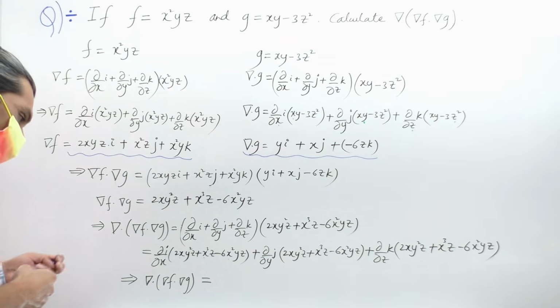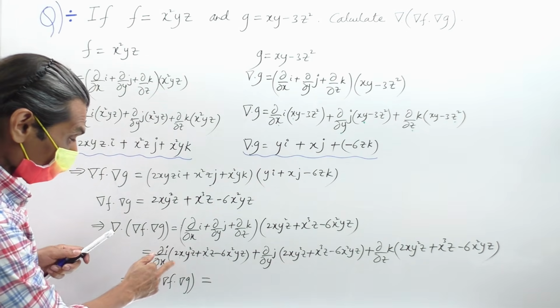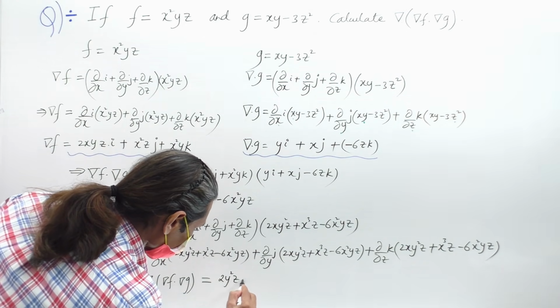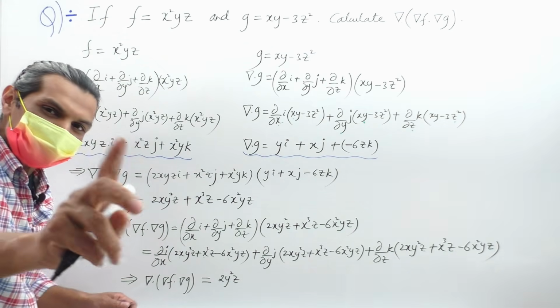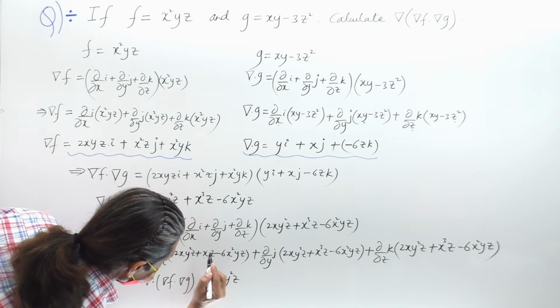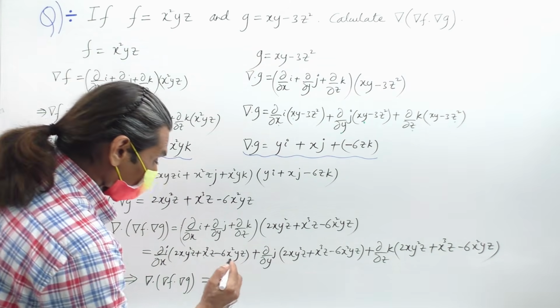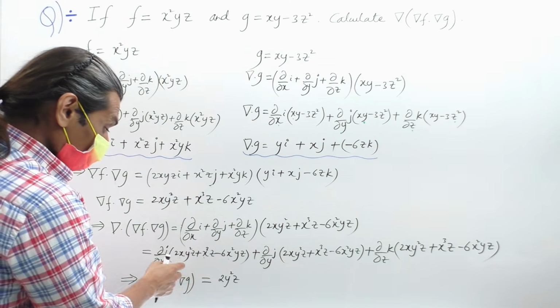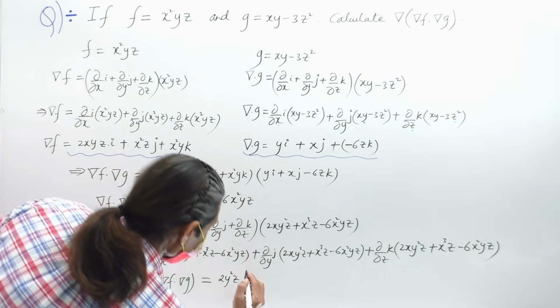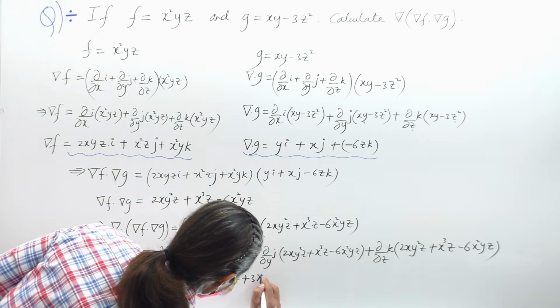Okay, that means ∂/∂x of 2y²z as it is, differentiation of x is 1 only, plus x³z. Now z as it is with respect to only x, right? Differentiation of x³ is 3x², so 3x² into z.